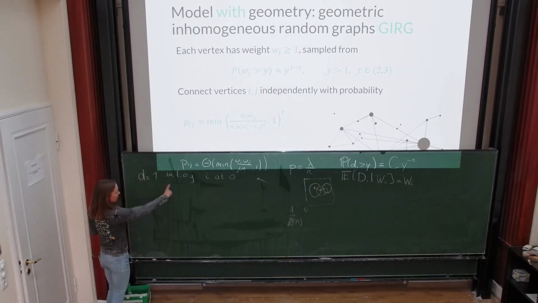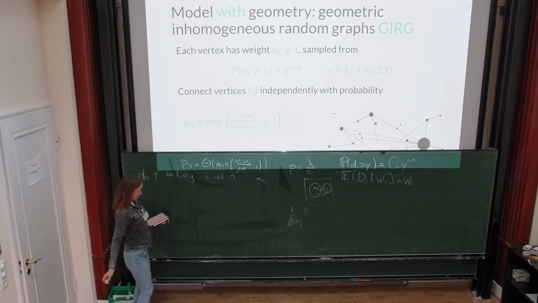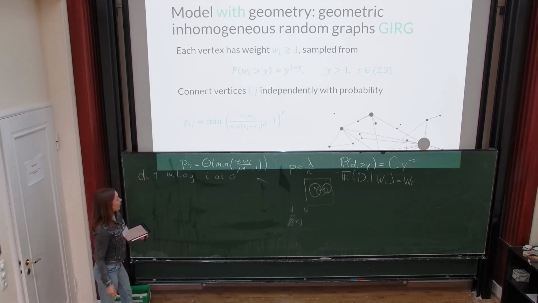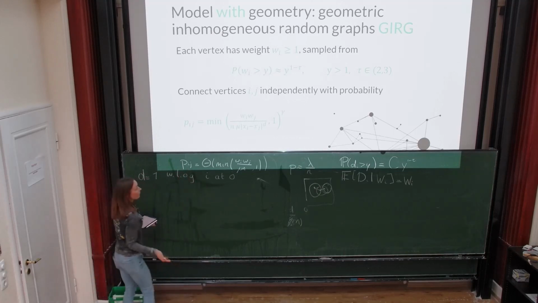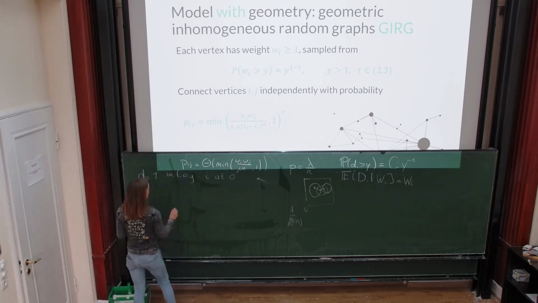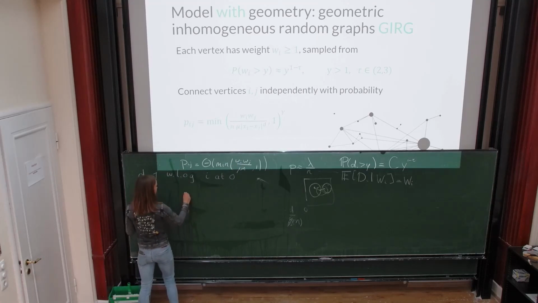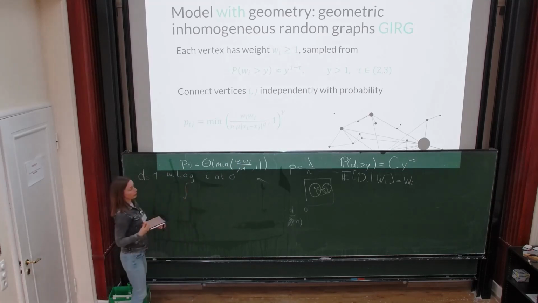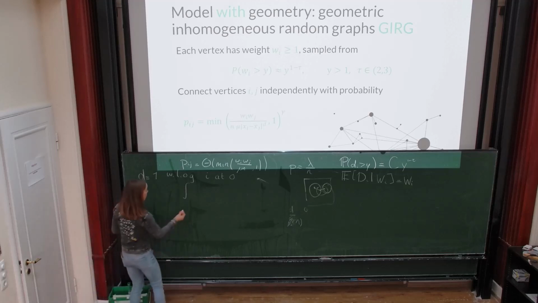So let's say that we put vertex i at the origin. And then what is the probability that it connects to vertex j? Well, we don't know the position of j, we do know the weights. So then the probability that i and j connect is just integrating over all the possible positions that j can have.